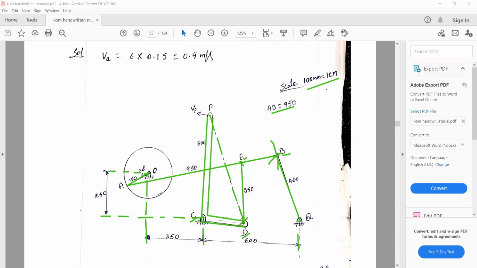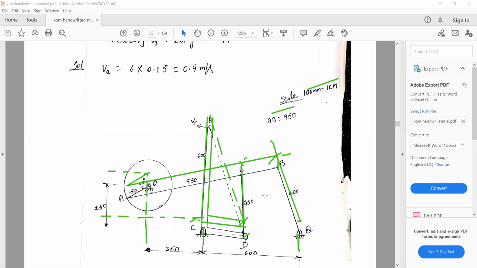Sometimes they may miss some lengths, so at that time you have to take assumptions. That is also needed. Do you understand how to construct the given configuration diagram?